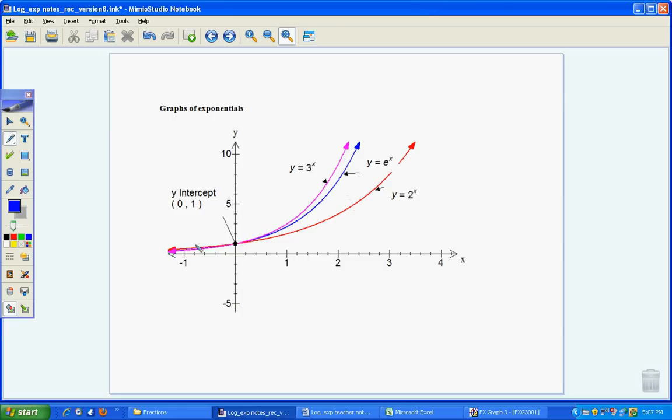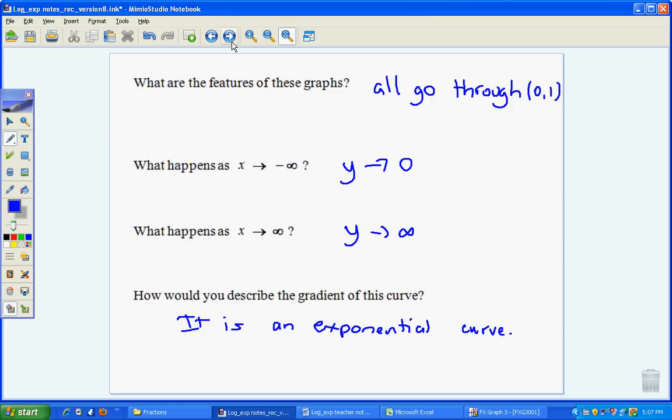But again, we know that these graphs all go through (0, 1). We know that as x approaches minus infinity, y approaches 0. What happens as x approaches infinity? y approaches infinity as well. But what about the gradient of this curve?